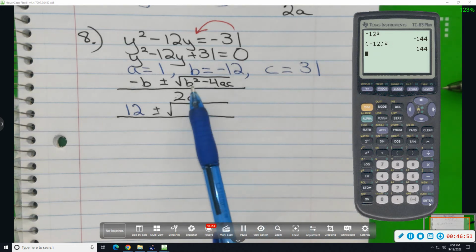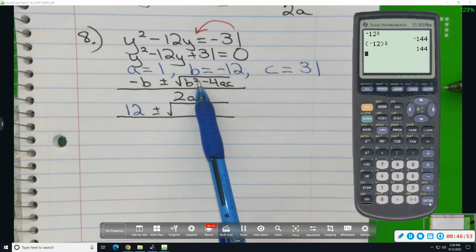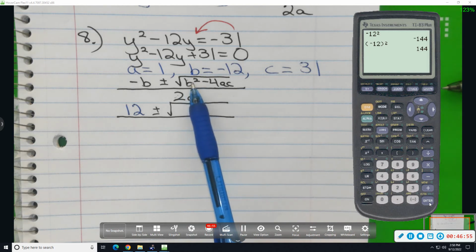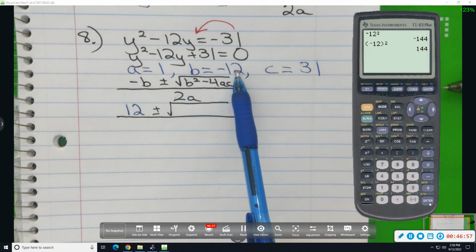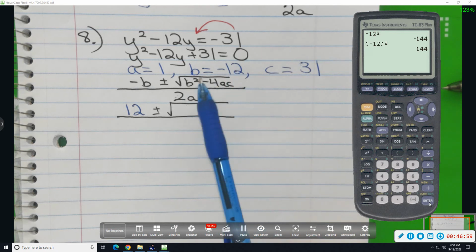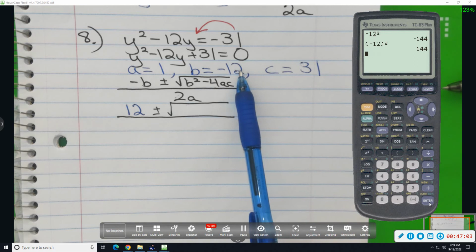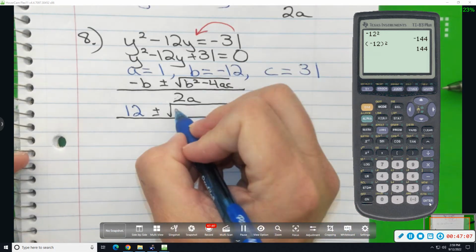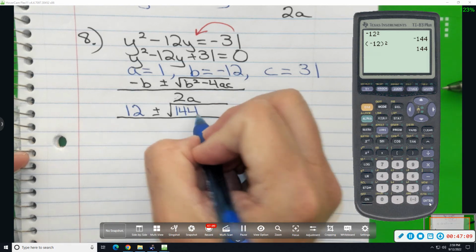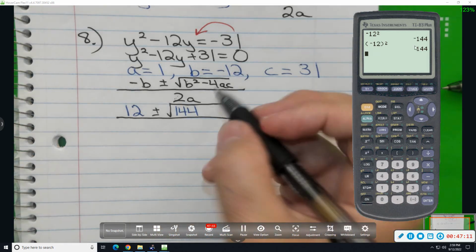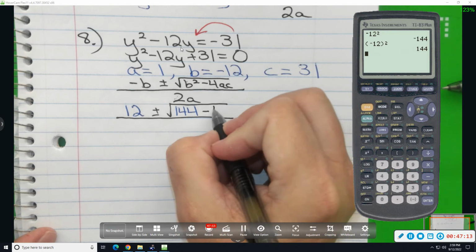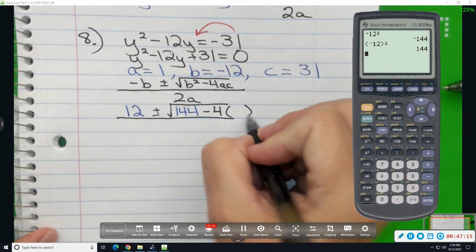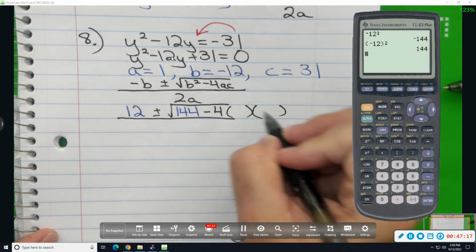The point I was trying to say was b squared is always going to be positive, whether b is positive or negative. What's 12 squared? 12 times 12 is 144. I always do the b squared either on a calculator or just in my head. But don't show too many steps.